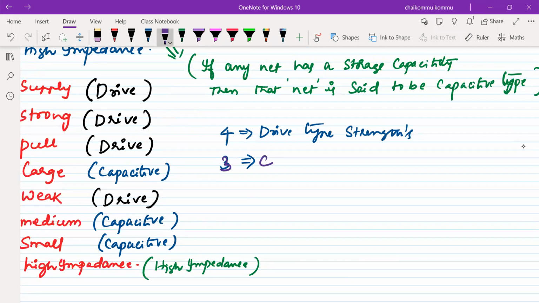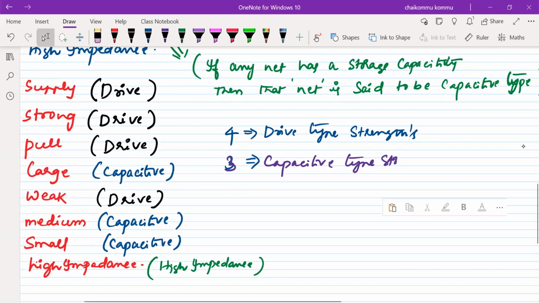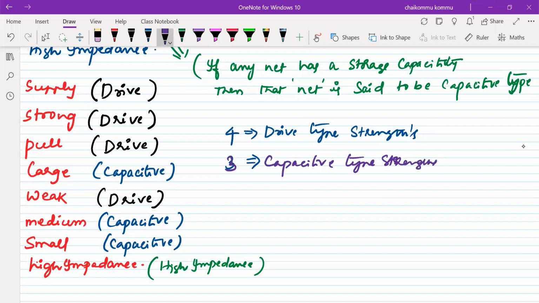And one is the high impedance state. High impedance is actually the resemblance of the open circuited, nothing more than that.